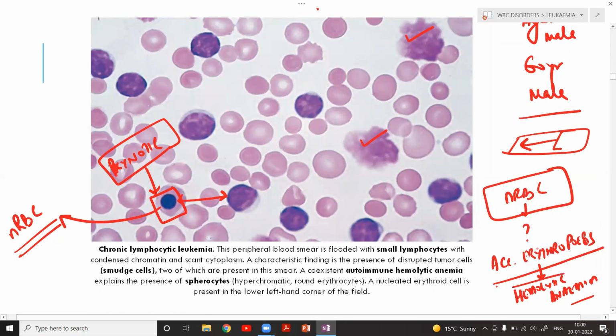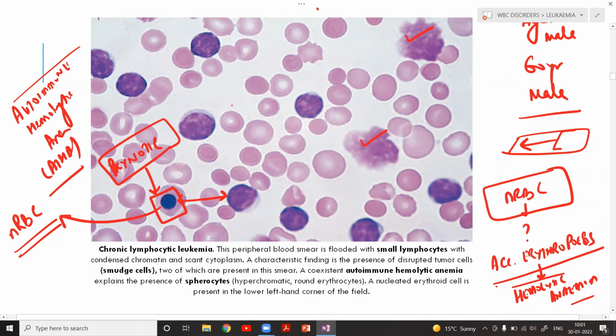Remember, around 20% or very few cases of CLL SLL also have associated autoimmune hemolytic anemia, that is called AIHA. Classically, what is the feature in this peripheral blood smear that is indicating autoimmune hemolytic anemia, can anyone tell me?